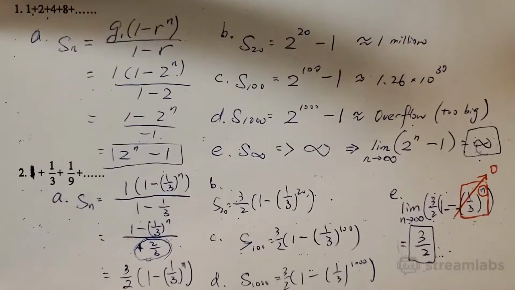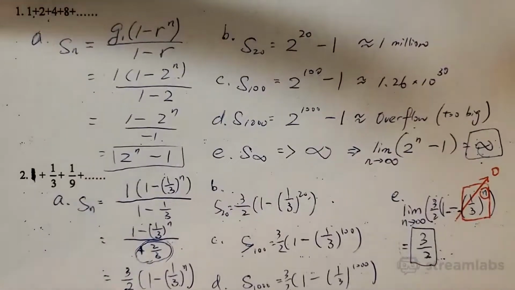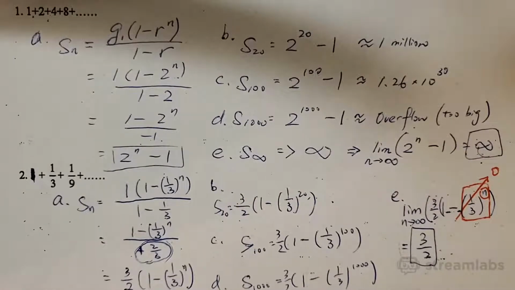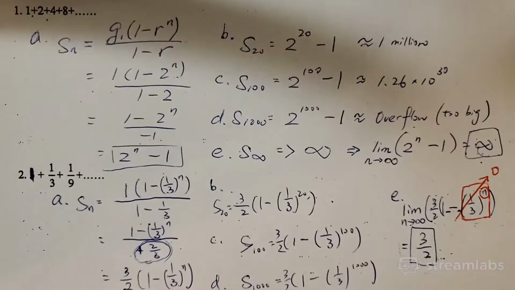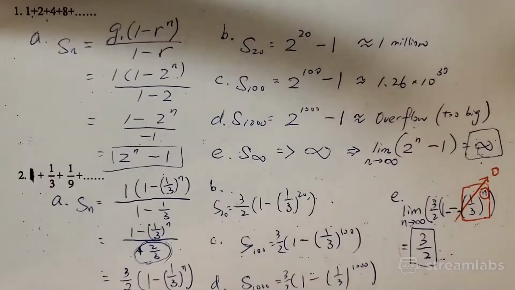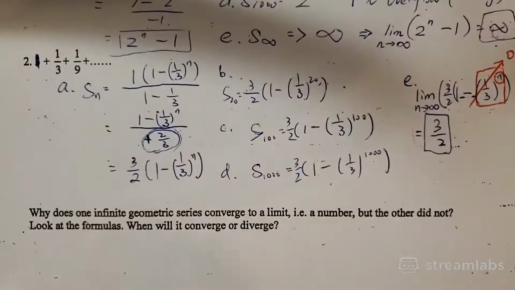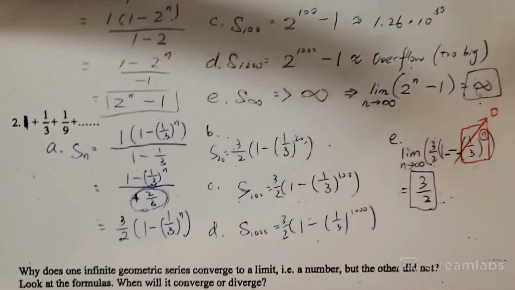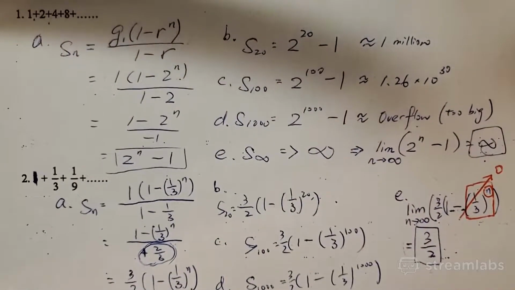So 1 and 2, what is the main difference? Why does one go to infinity, the other one remains 3/2? How come? Type in the chat to see what you think, and once you type it in, you write it down here as well. What is the main difference between 1 and 2? Why does one go to a number, the other one doesn't?